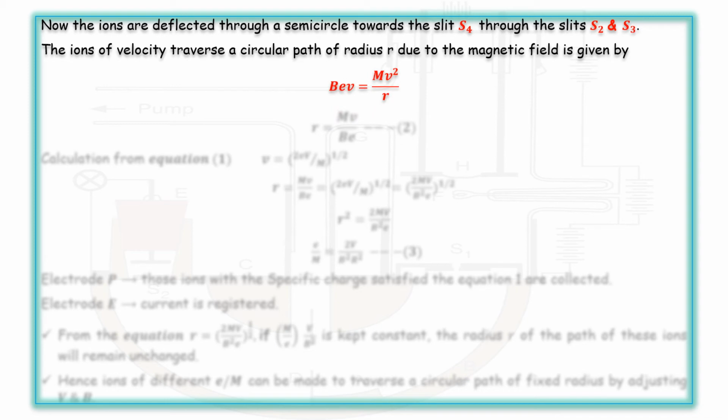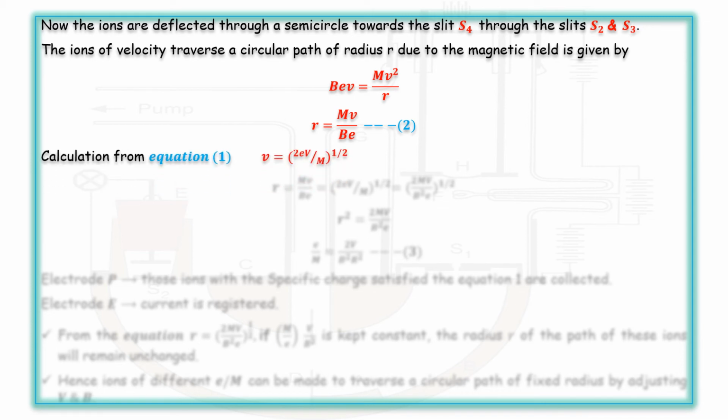Since it is a circular path due to the magnetic field, we can equate the magnetic force BeV to the centripetal force mv square by r. From this relation we find the radius r equal to mv by Be. Put this as equation number 2.